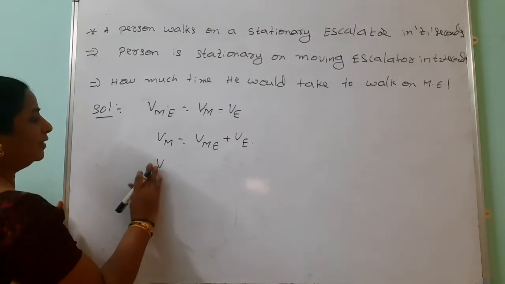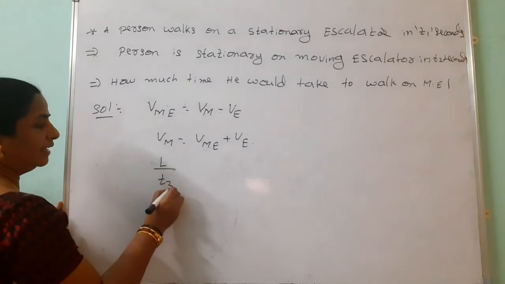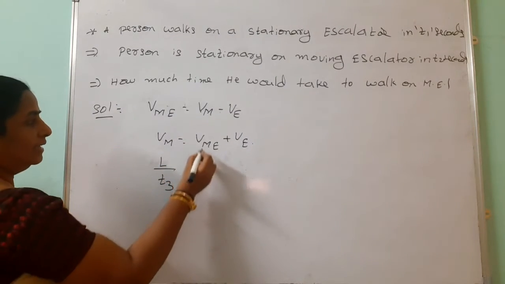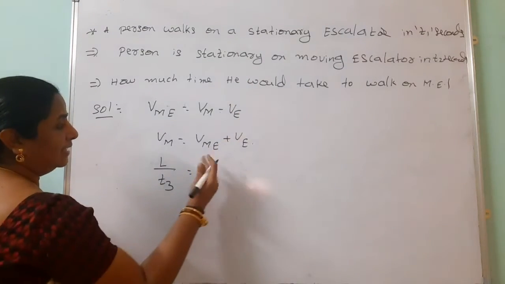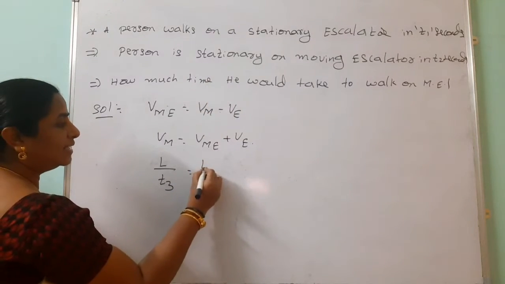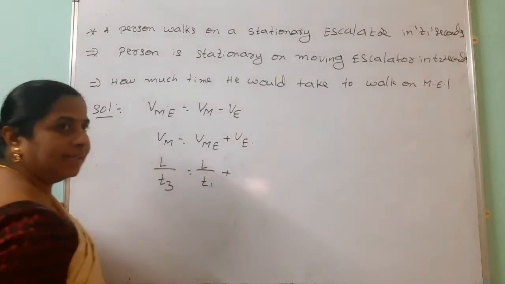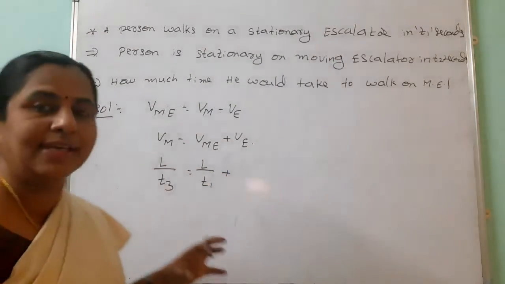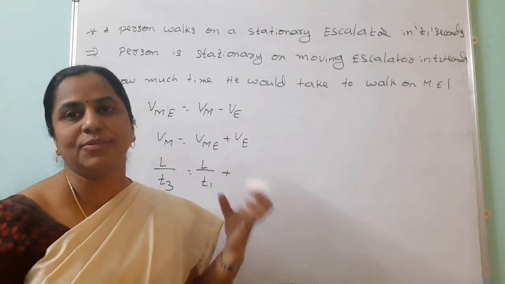The velocity of the man is distance by time, and we take that time as t3. Then the velocity of the man with respect to the escalator means first case, the escalator is stationary and he walks up, the same distance he covers, L by t1, plus in the third case he is at rest and the escalator is moving up.